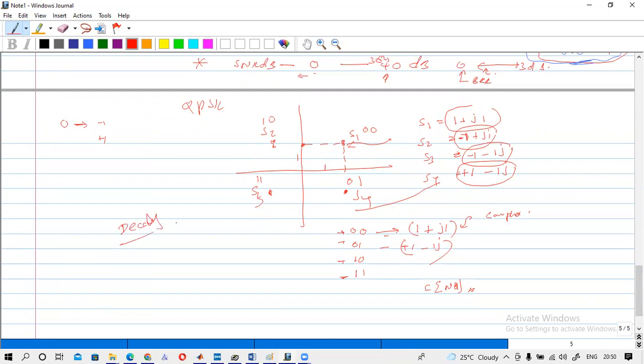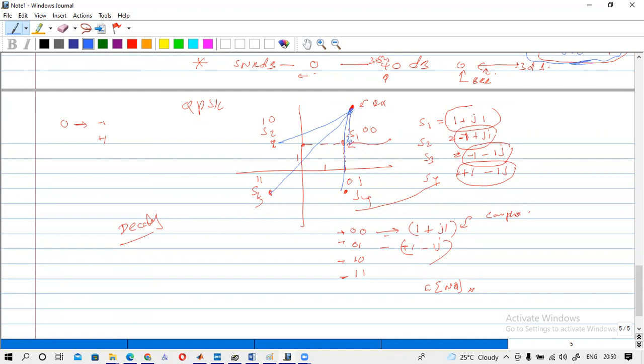Say that you get a symbol here. This will be your received symbol. Now you want to decide which of the constellation symbols this received symbol belongs to.